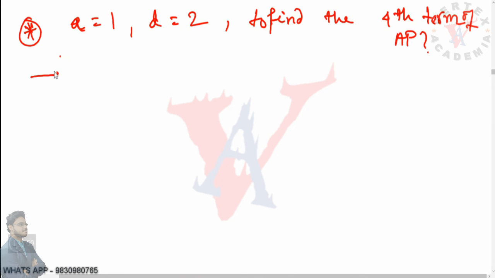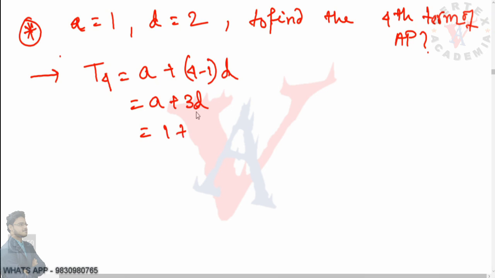So what will you do? You will write T4, the fourth term. What is T4? That is A, the first term, plus, for the fourth term, 4 minus 1 times D. So it is A plus 3D, right? So it will be 1 plus 3 into 2 equals 6, plus 1, 7. So I hope this is clear.